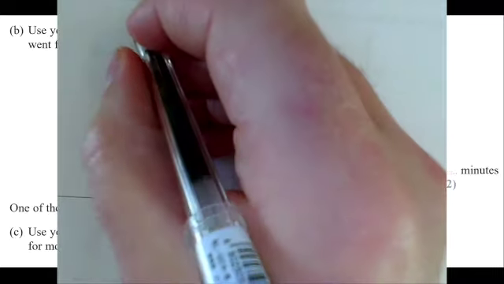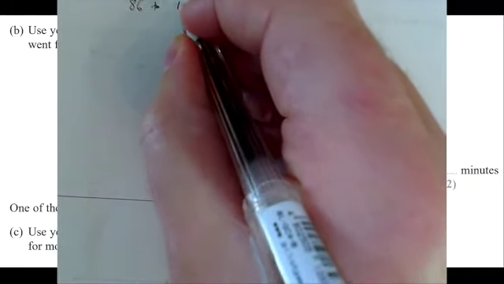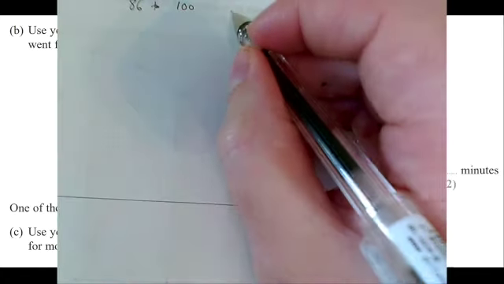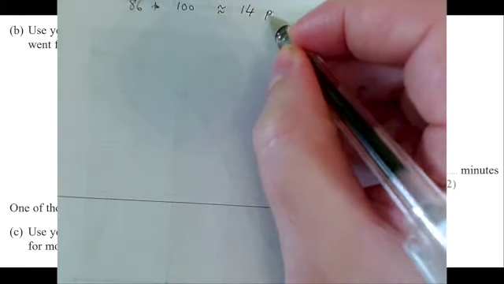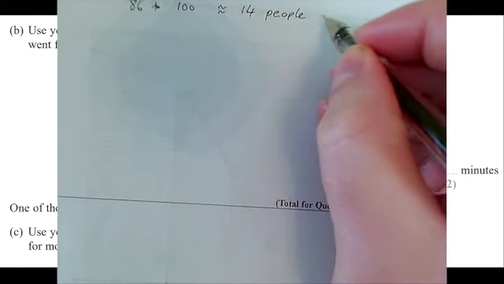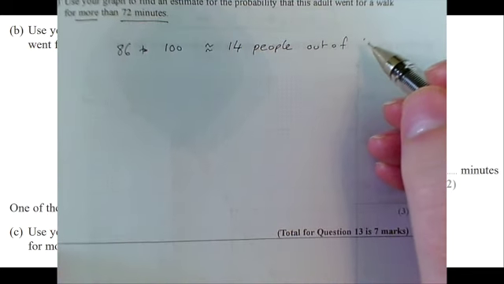So that means, well, how many numbers? 100 runners, take away 86 means that there's 14 runners that took longer than 72 minutes. So 14 walkers took longer than 72 minutes.